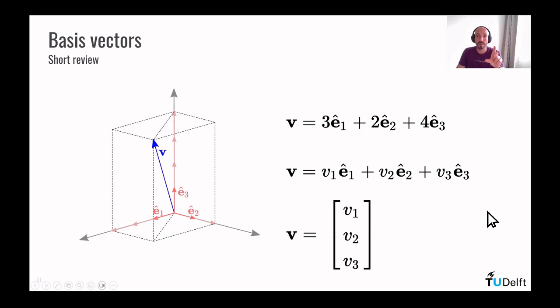The length of the vector would be the same, the direction of the vector would also be the same. The only thing that changes by changing the coordinate system or the basis vectors is the representation of the vector.